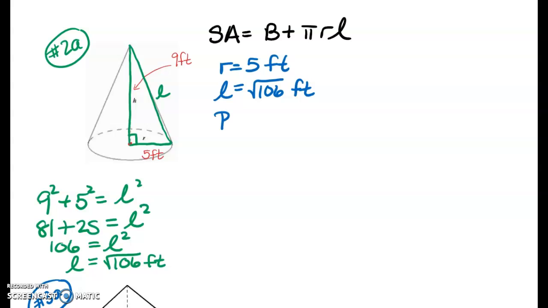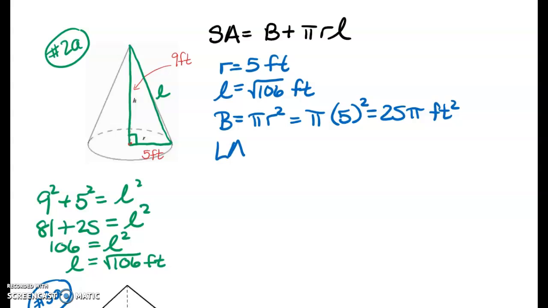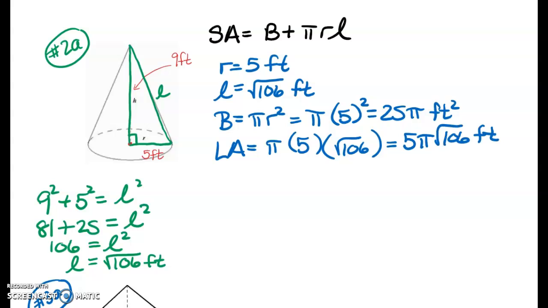So now to find the area of my base, that's pi r squared. My radius is 5, so pi times 5 squared is 25 pi feet squared. My lateral area is the second half of my formula. Pi times 5 times radical 106 equals 5 pi radical 106 feet squared.